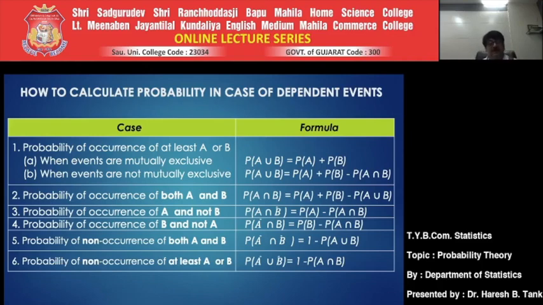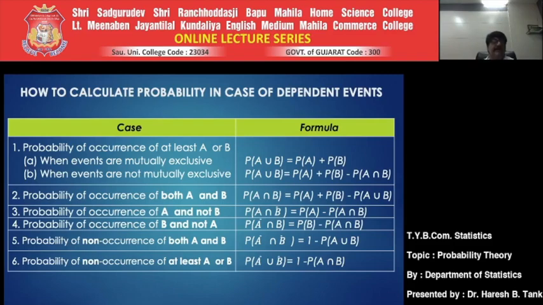Which formula is to be used when the events are mutually exclusive? As we know, mutual exclusiveness means two events don't happen simultaneously. Or in other words, if happening of one event simply discards the possibility of happening of others, those events are called mutually exclusive.